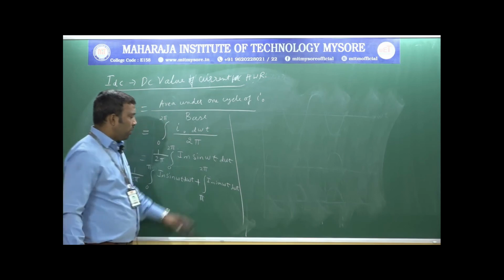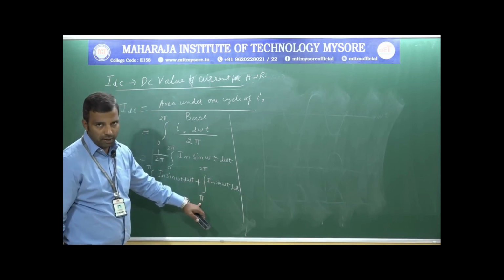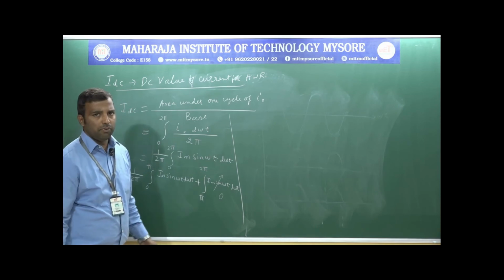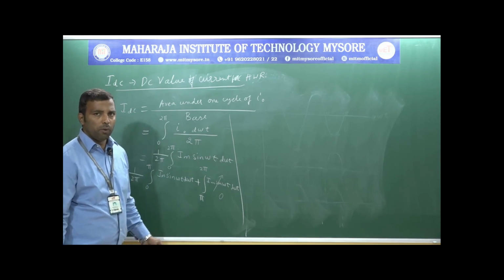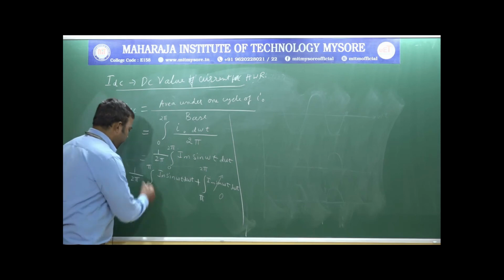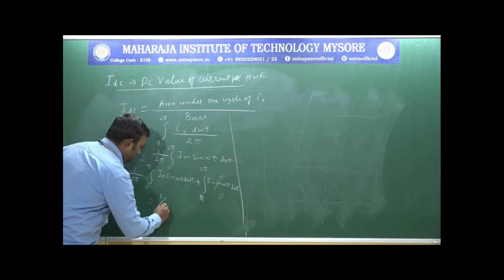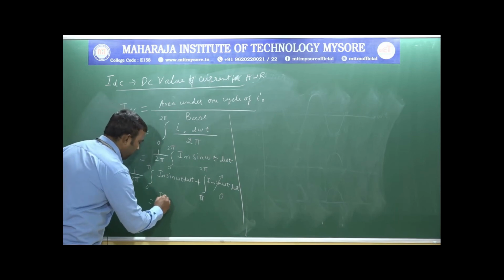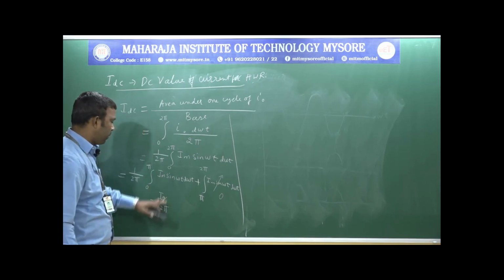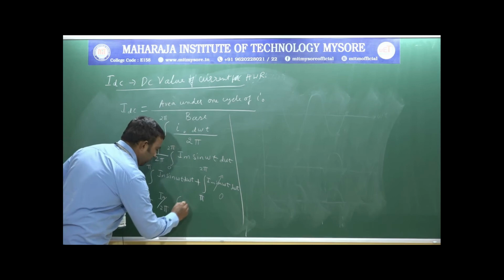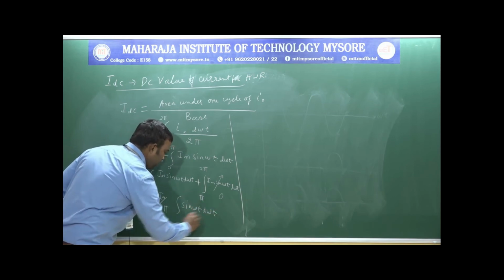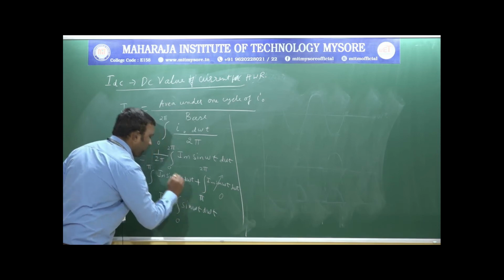First is 0 to pi, then pi to 2 pi. The current value in the negative half cycle is 0, because in the negative half cycle the output current is 0 and the voltage is also 0. We can write this as 1 by 2 pi, and Im is a constant, so take that outside. I can write this as Im by 2 pi into the integration of sin omega t d omega t from 0 to pi only.